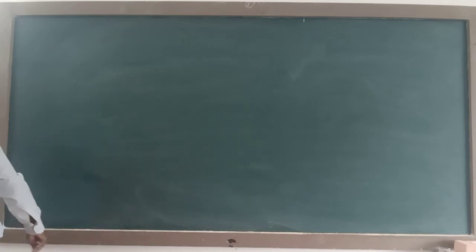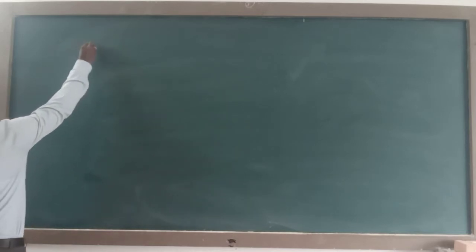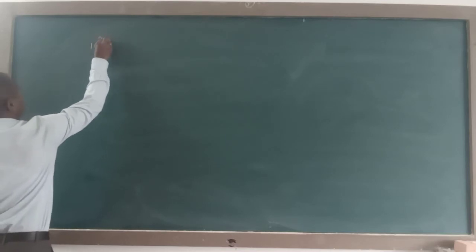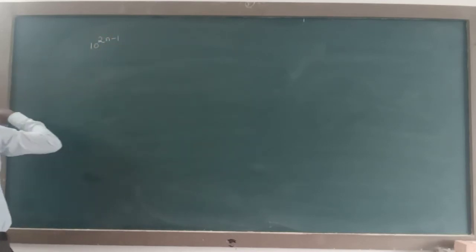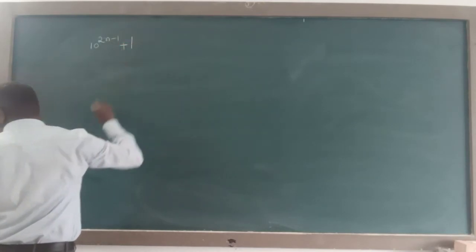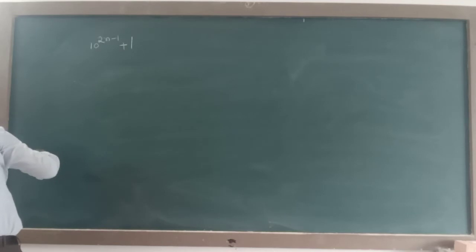Prove by the principles of mathematical induction that 10 to the power of 2n minus 1, plus 1 is divisible by 11.